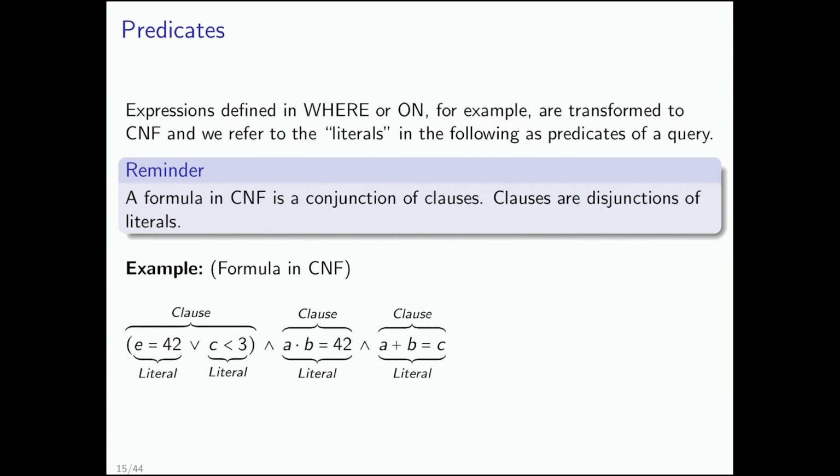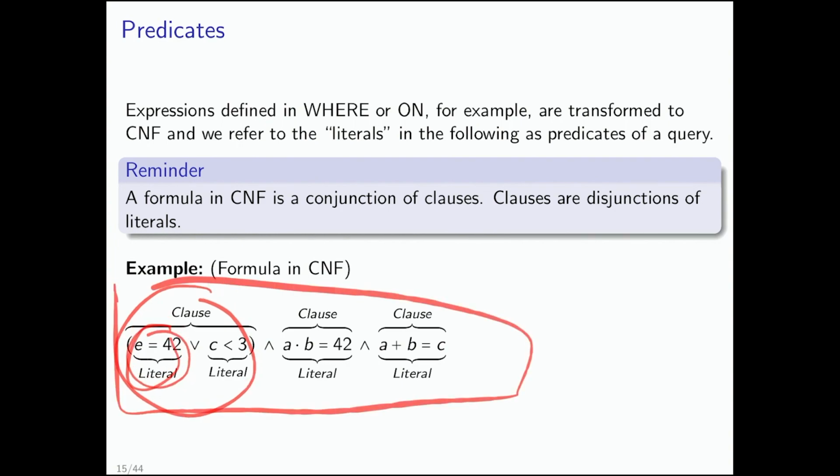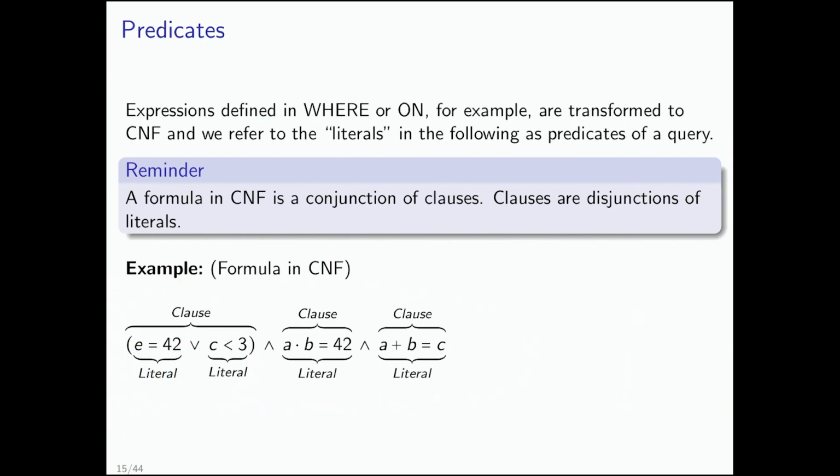Basically the structure is like that: we have literals, those are the atoms, and we have clauses. A clause is a disjunction of these literals, and the entire thing is a CNF form of such an expression. But basically you had that in some other lecture, I suppose.